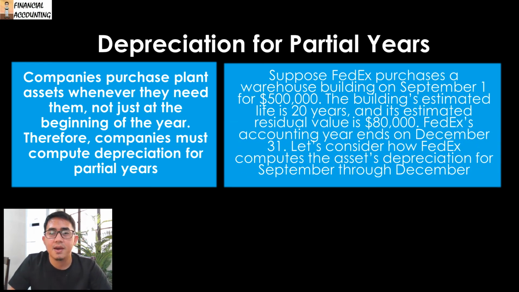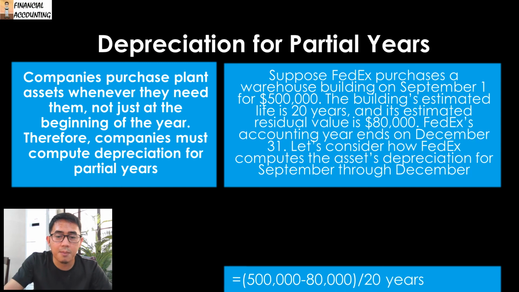Suppose Fedex purchases a warehouse building on September 1 for $500,000. The building's estimated life is 20 years and its estimated residual value is $80,000. Fedex's accounting year ends on December 31. Let's consider how Fedex computes the asset's depreciation for September through December.